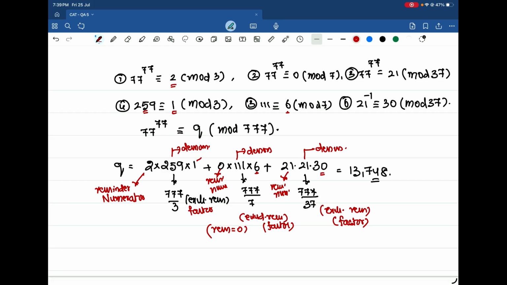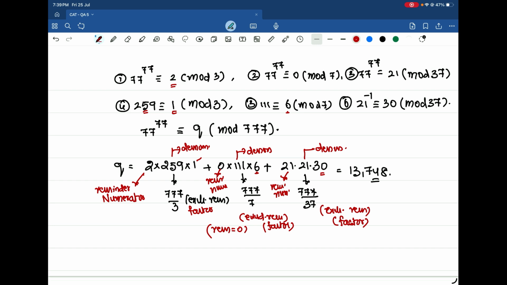With this, first the remainder in the main number, that is the numerator, is multiplied by the factor in the denominator into the remainder in the factor of the denominator.